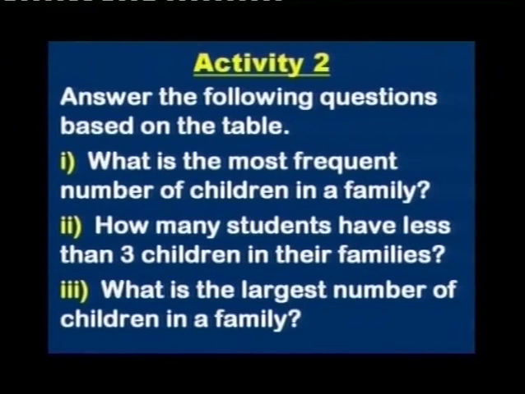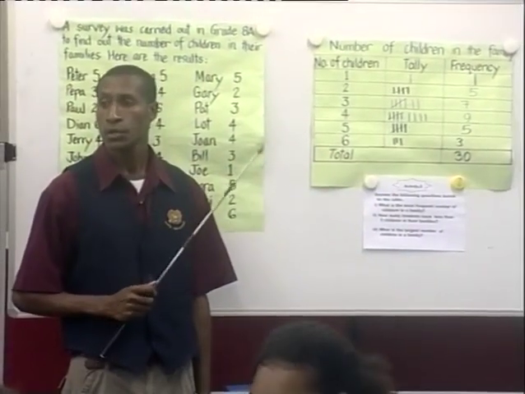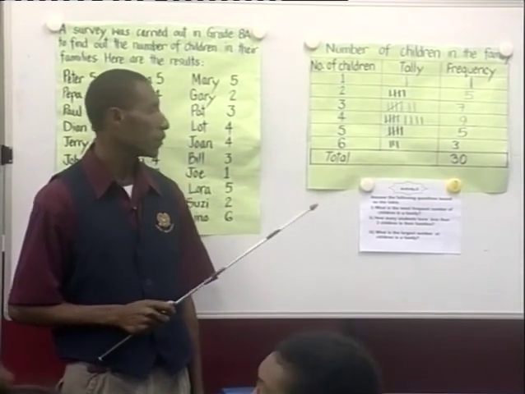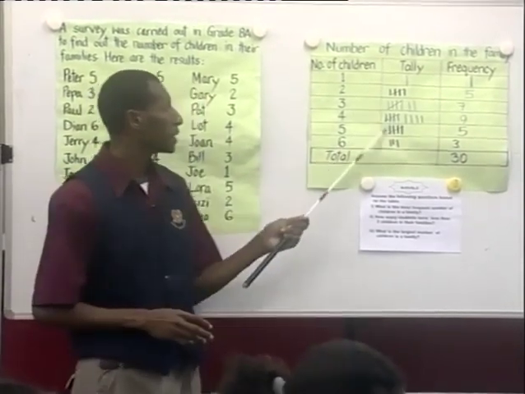Okay, let us look at the answers to the questions. The first question, what is the most frequent number of children in a family? What does frequent mean? Number of times a score occurs. So, look at this data.